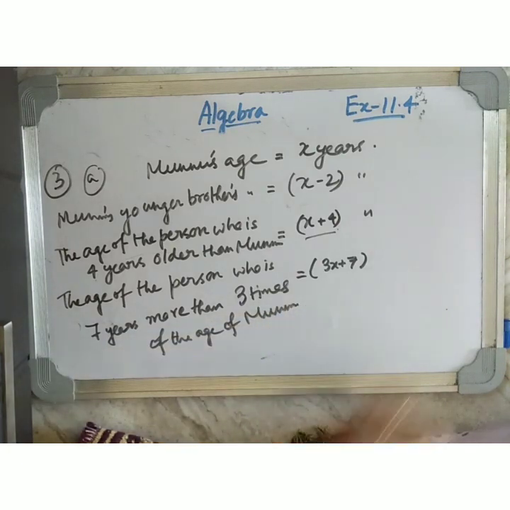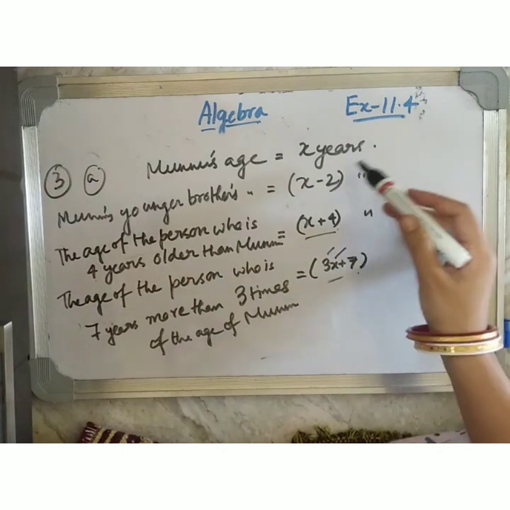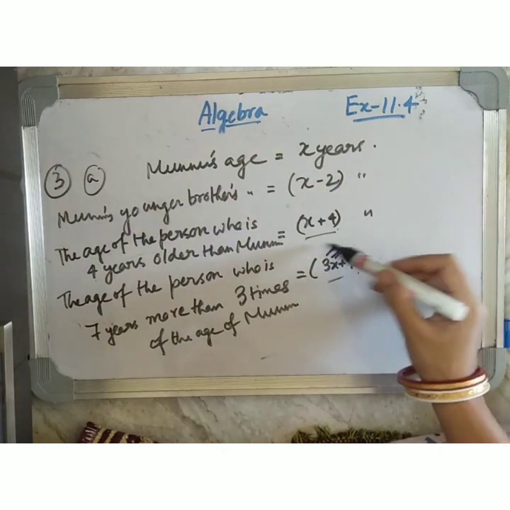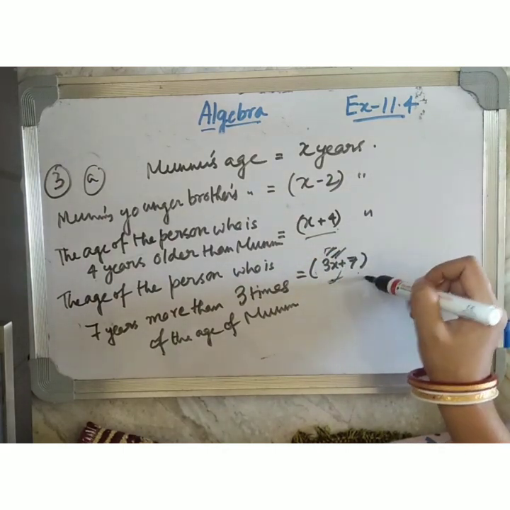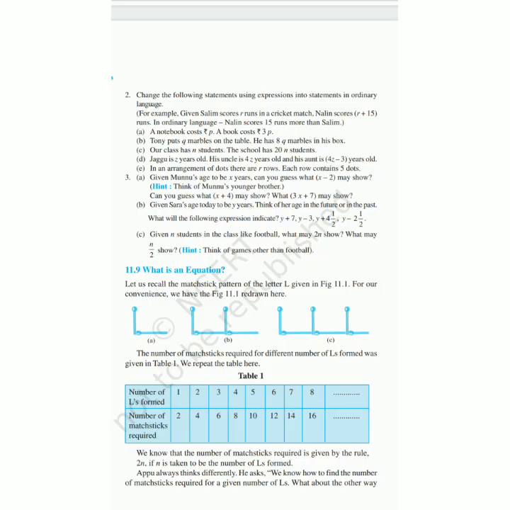In this way we can write 3x plus 7: 3 times the age of Munnu plus 7 years. So 7 years more than 3 times the age of Munnu. In this way we can write 3x plus 7 years. Okay. Now let's come to the next sum.